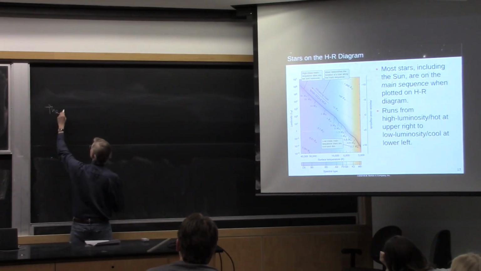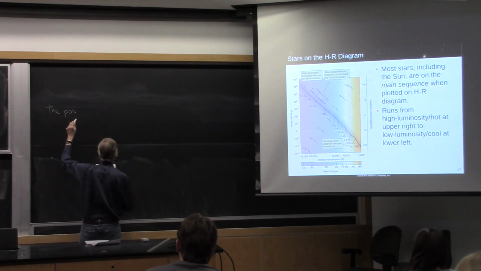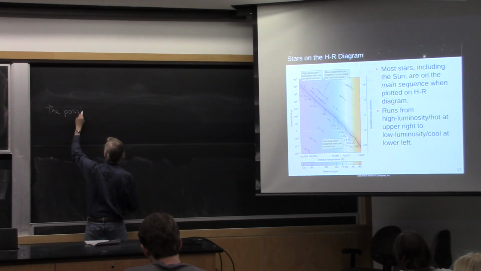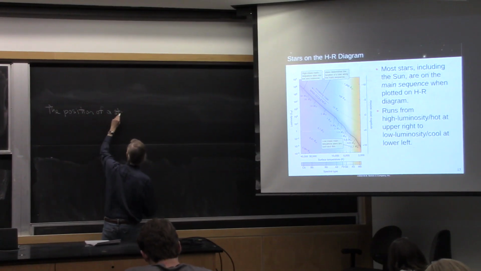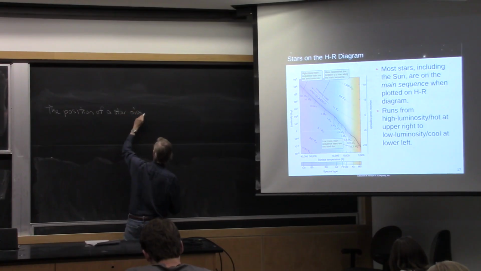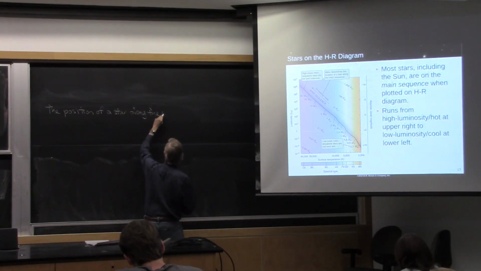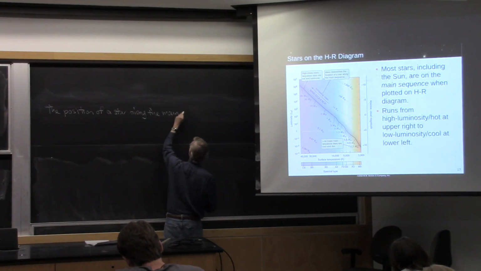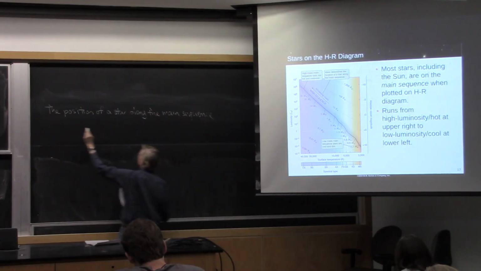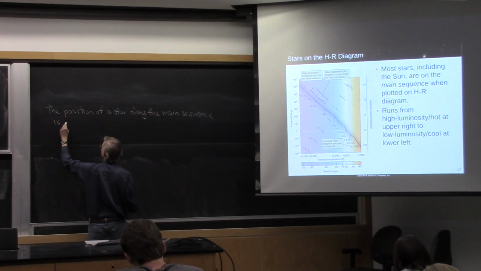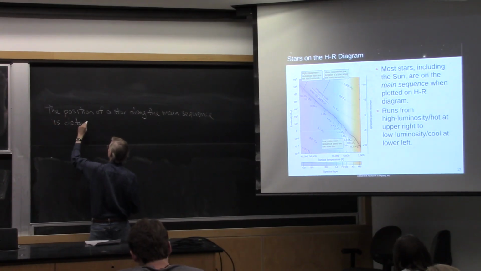The position of a star along the main sequence is determined almost entirely by its mass.